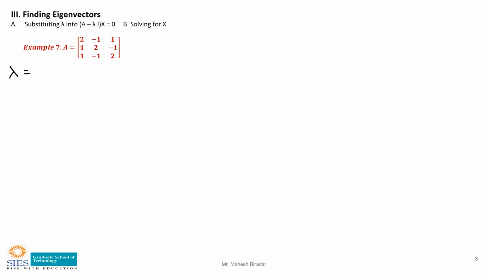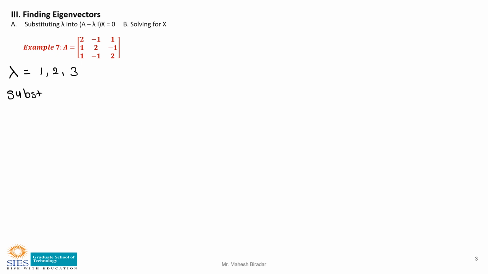I'm going to continue from it. So after solving characteristic equation, we get lambda as 1, 2, and 3. Our main focus is to understand how to find eigenvectors for each of the eigenvalues.